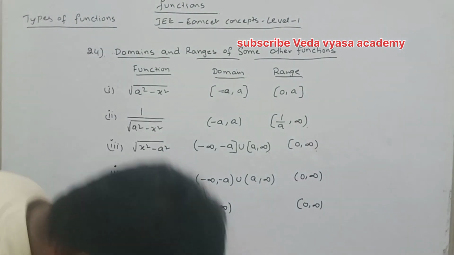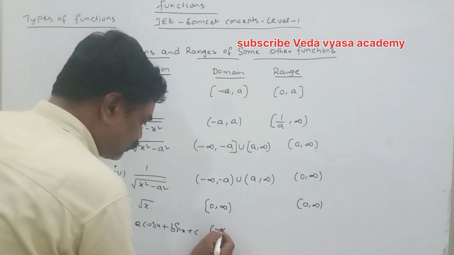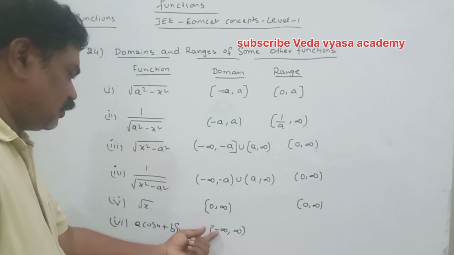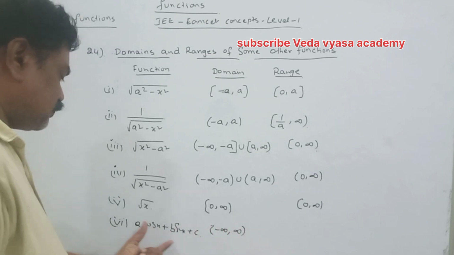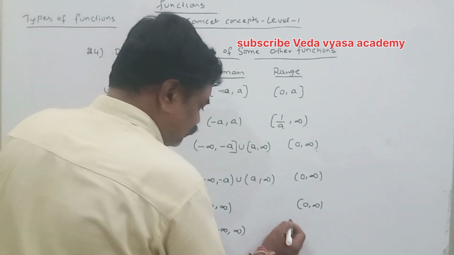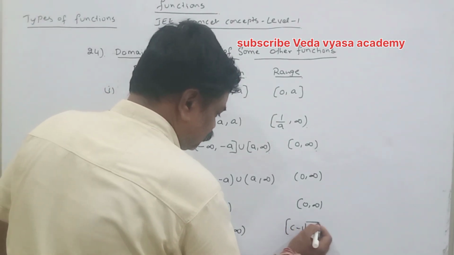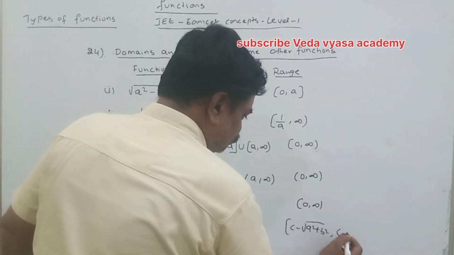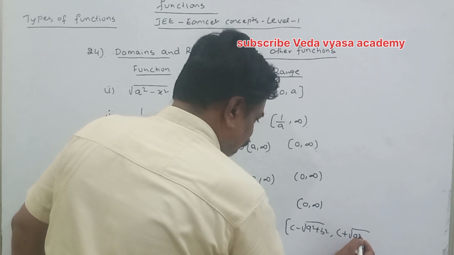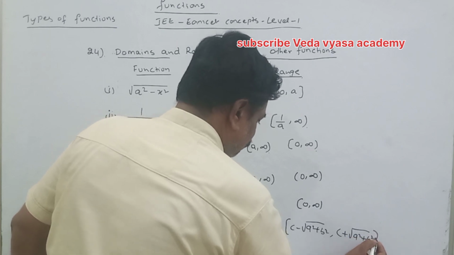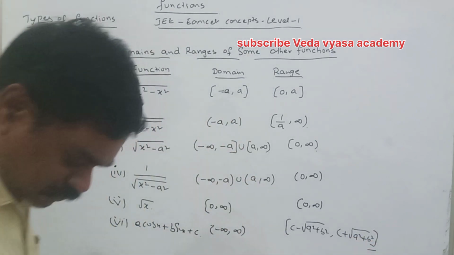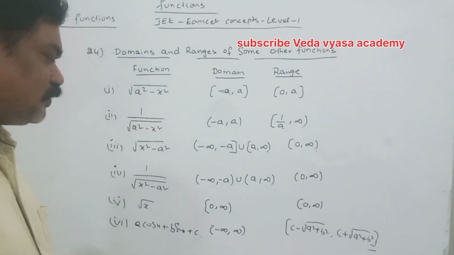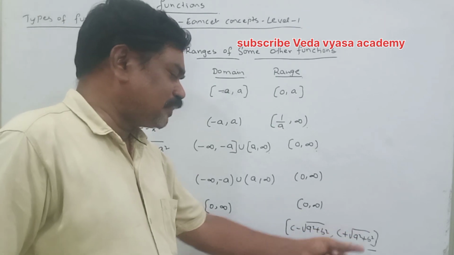This domain is minus infinity to plus infinity, and the range is c minus root over a square plus b square, comma, c plus root over a square plus b square. This is a closed interval.